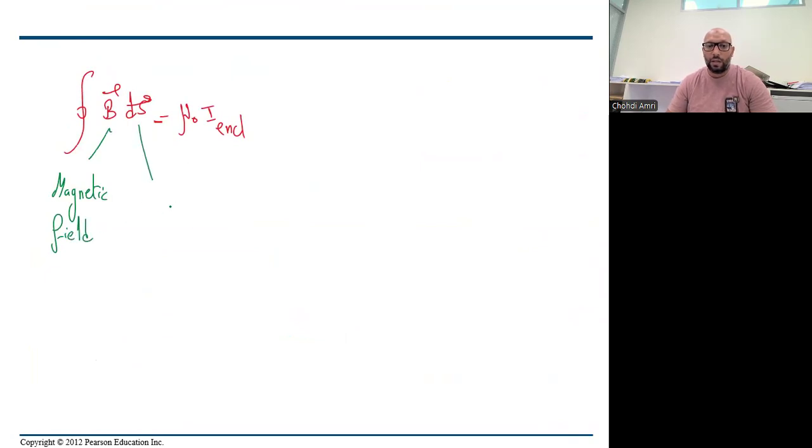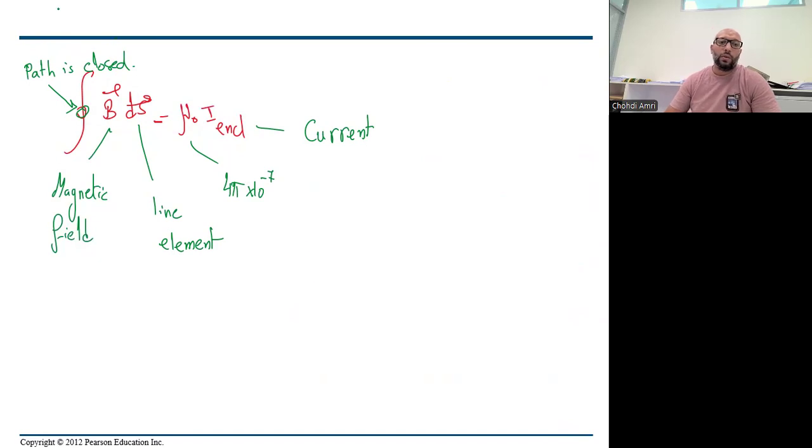ds is a line element. Mu naught is the permeability of free space, 4 pi times 10 to the power negative 7. I enclosed is the current enclosed by the path. What does this circle on the integral mean? It means that the path is closed.